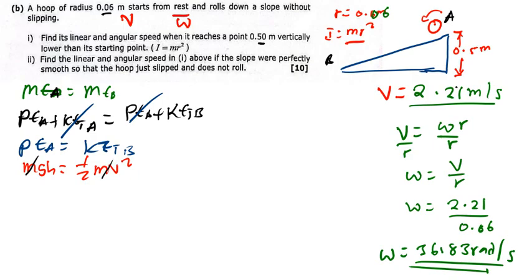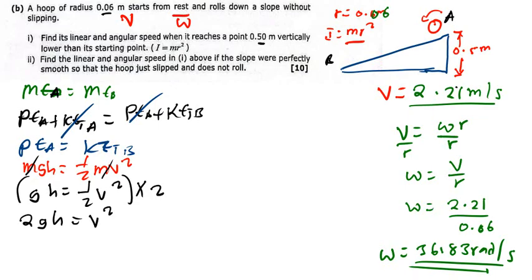So I have gh being equal to half v squared. I want to make v the subject of the formula. I will multiply by 2 to get rid of the half. So it will be 2gh being equal to v squared. So v is equal to the square root of 2gh.